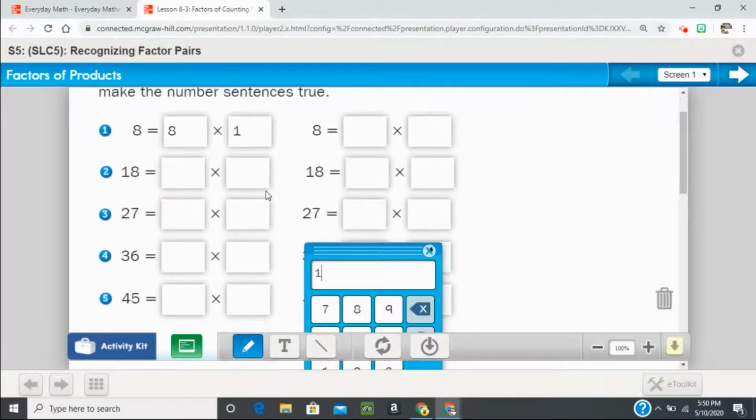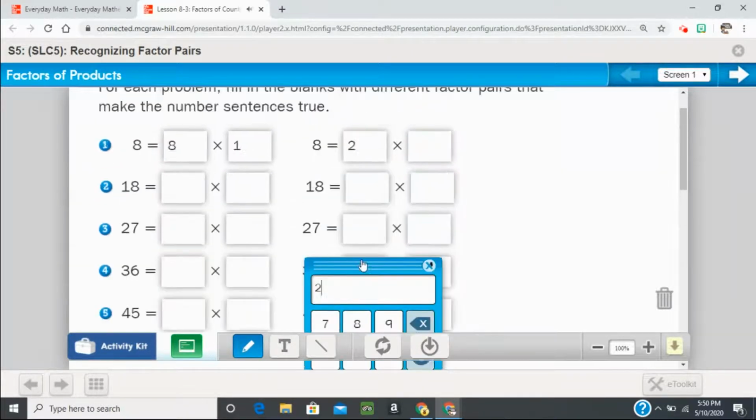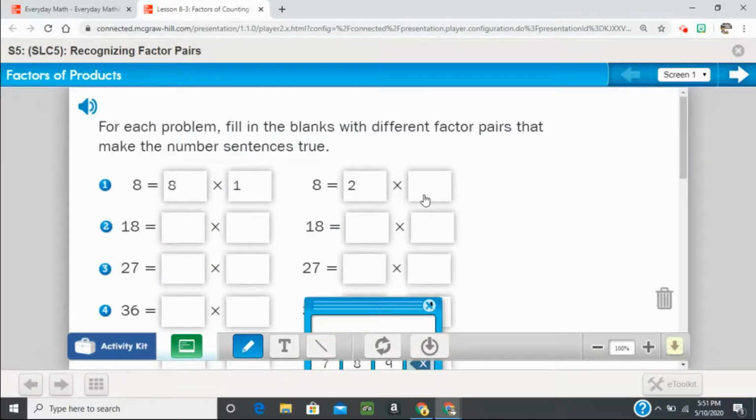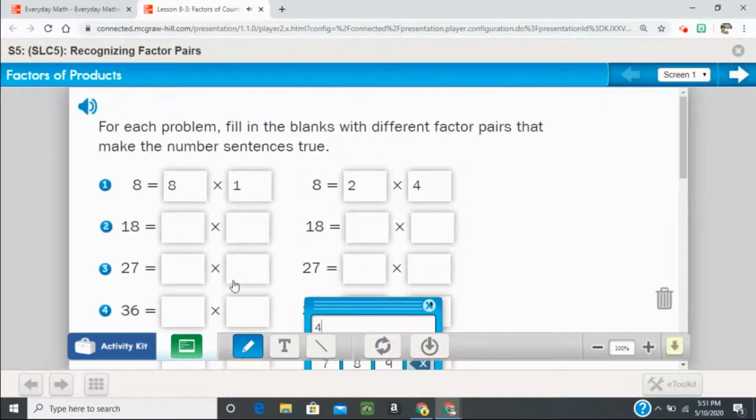And there we go. 8 times 1 equals 8. I also know that over here, 8 is an even number, so I could have 2 as a multiple. And 2 times 4 equals 8.